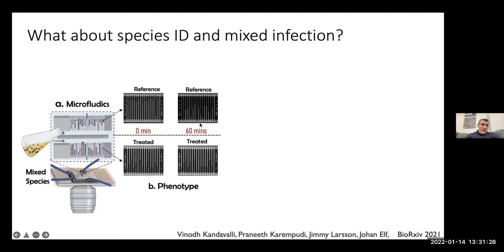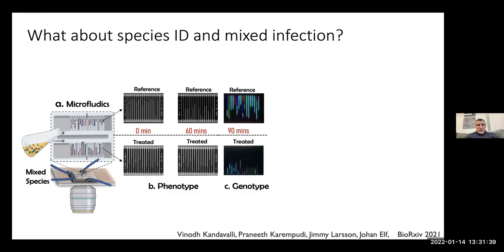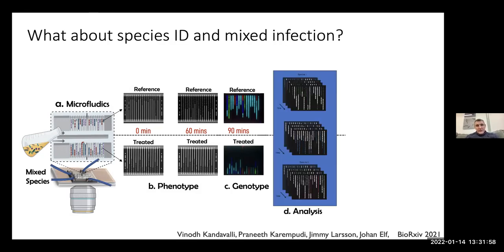Same as before, you have references that are not treated with antibiotic, and you have the treated sample. After you have gotten your phenotypic response, you go in with FISH probes and determine the species by having fluorescent probes that bind to the ribosomal RNA. That means you can stratify the phenotypic response in a channel based on which species it was.